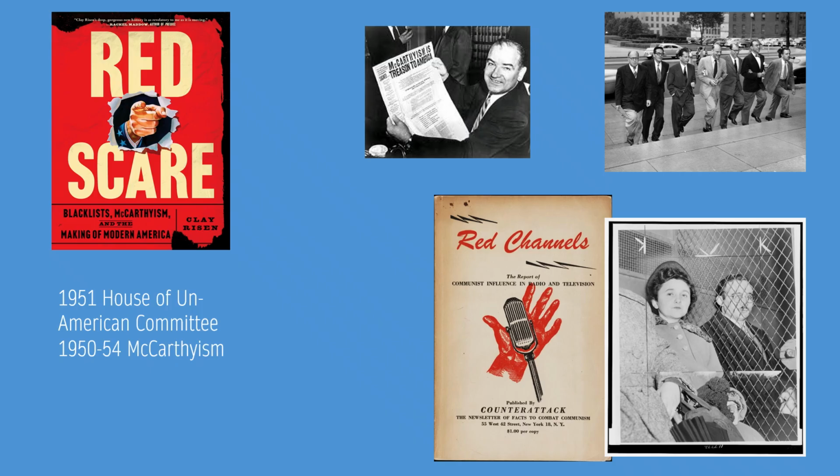Are there communists in the country? Yes, there are at this time. There are some spies in the country. But sorting through that is where the issue is. It's not that it doesn't exist. It's how you're doing it.